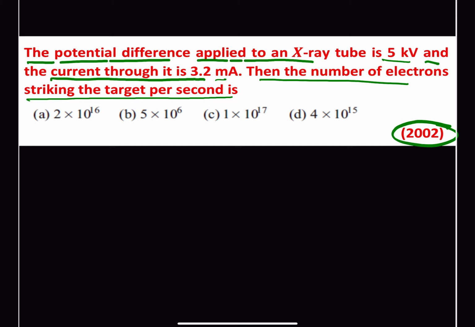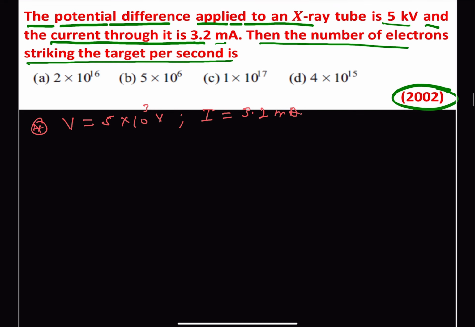So we are given voltage, V is 5 into 10 raised to power 3 volts, and current I is also given as 3.2 milliampere. So we can use the relationship between current and charge.